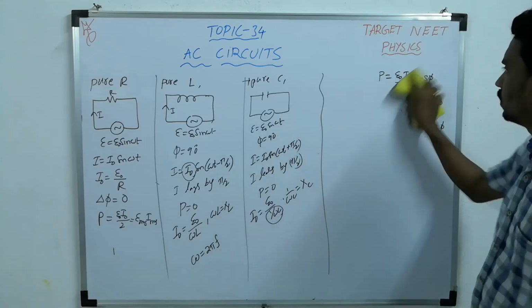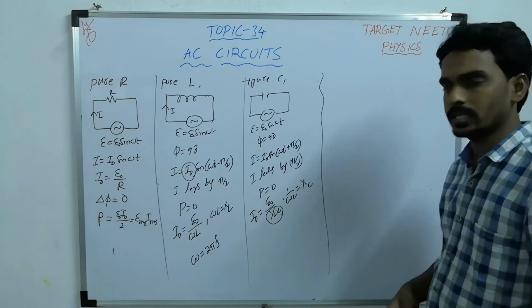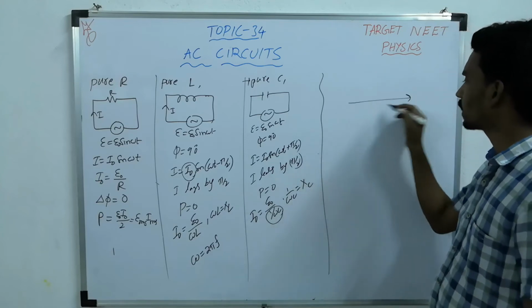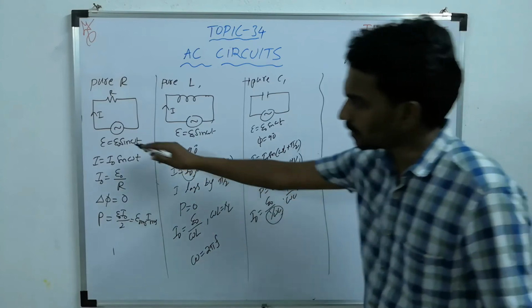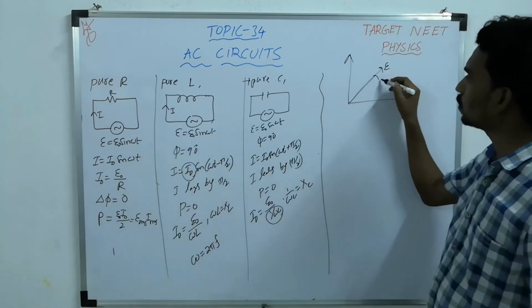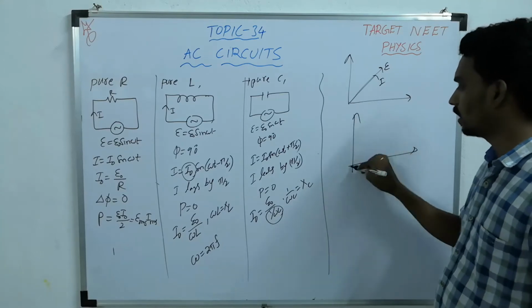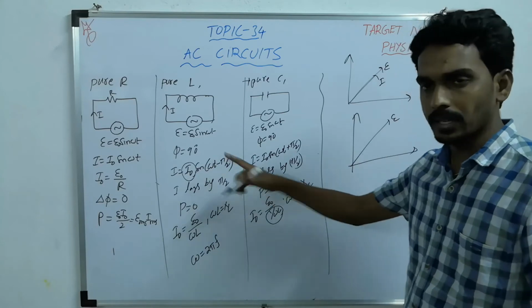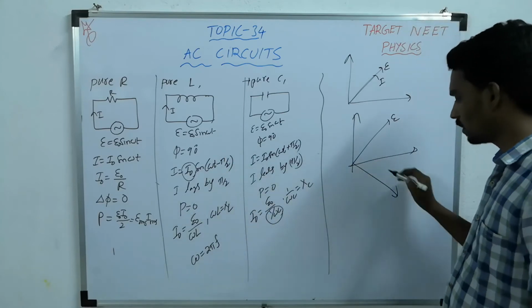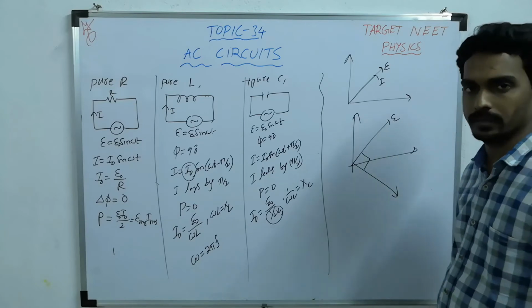Now in all these cases you can represent current and voltage as vectors. This is the EMF. In the first case, both are in phase, meaning in the same direction. In the second case, if this is epsilon, then the current has a lesser phase, 90 degrees behind; EMF is dominating.